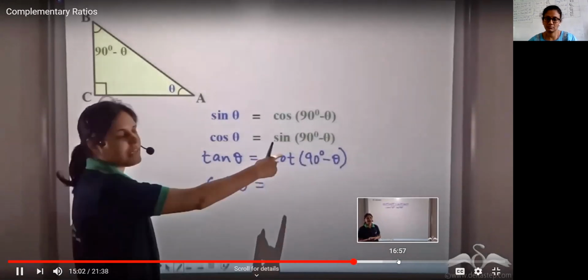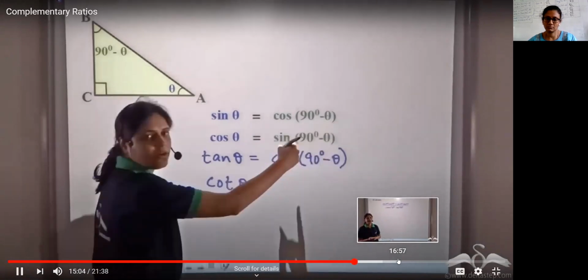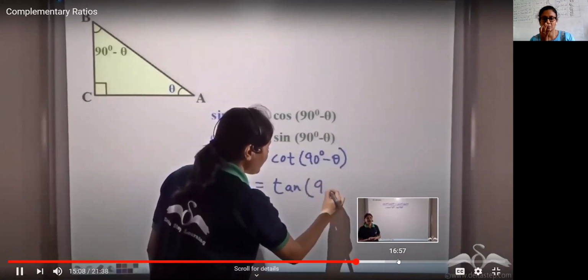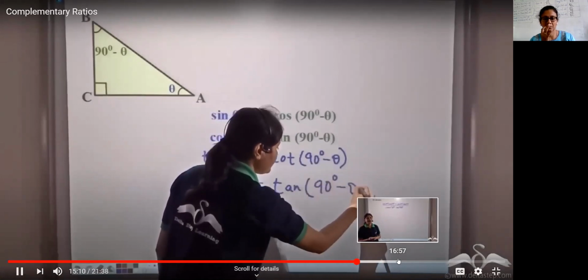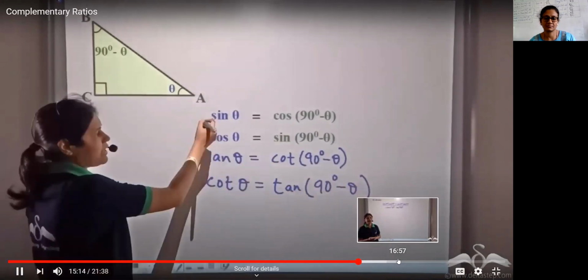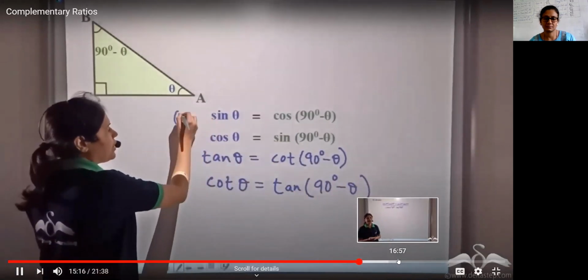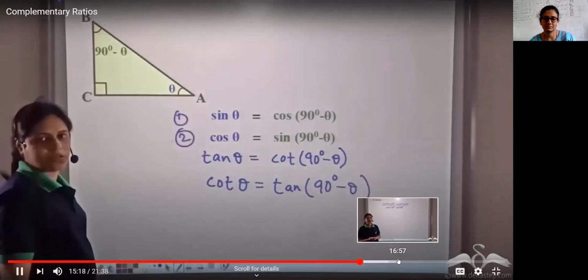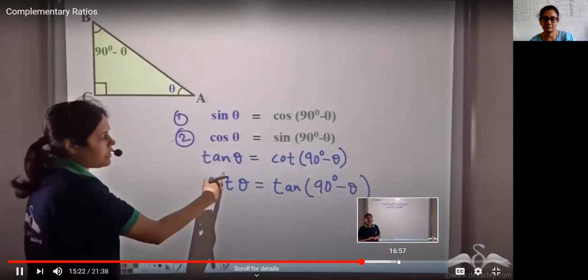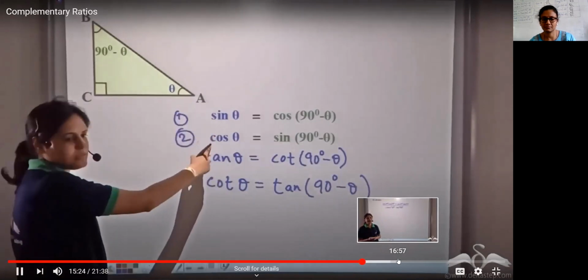And sine 90 degree minus theta divided by cos 90 degree minus theta gives you tan 90 degree minus theta. So you get this on dividing 1 by 2, and you get this on dividing 2 by 1. So you can derive this from this.